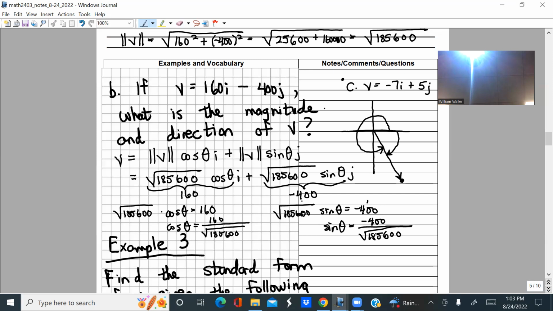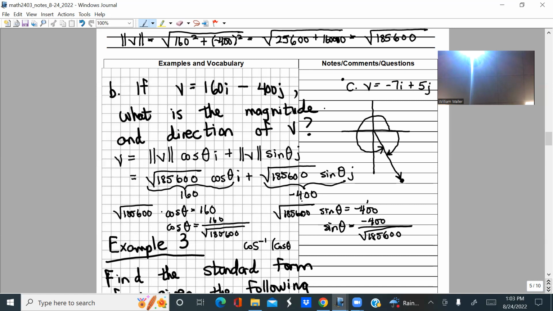Now you're in business, because how can you now figure out what theta is from this equation? What would you apply to both sides here? That's right, you would apply inverse cosine.